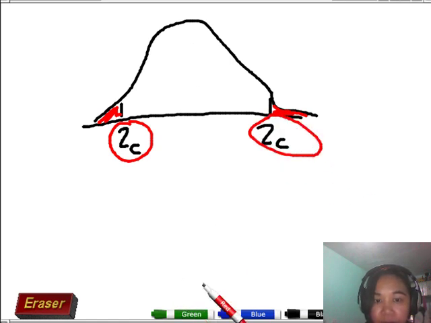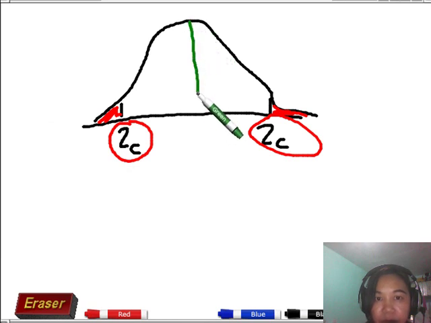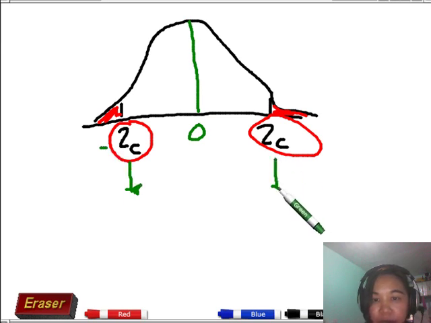Take note that this one is 0. So we expect the value of our Z on the left to be negative, and we expect our value of Z here to become positive.